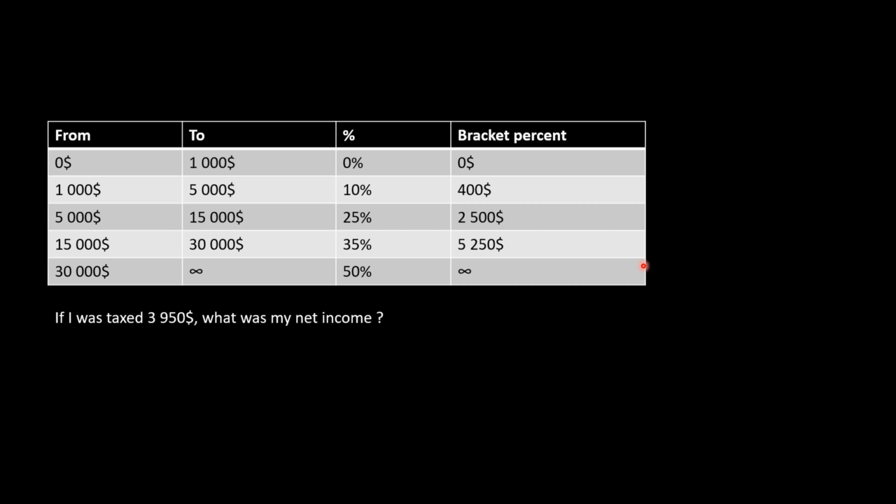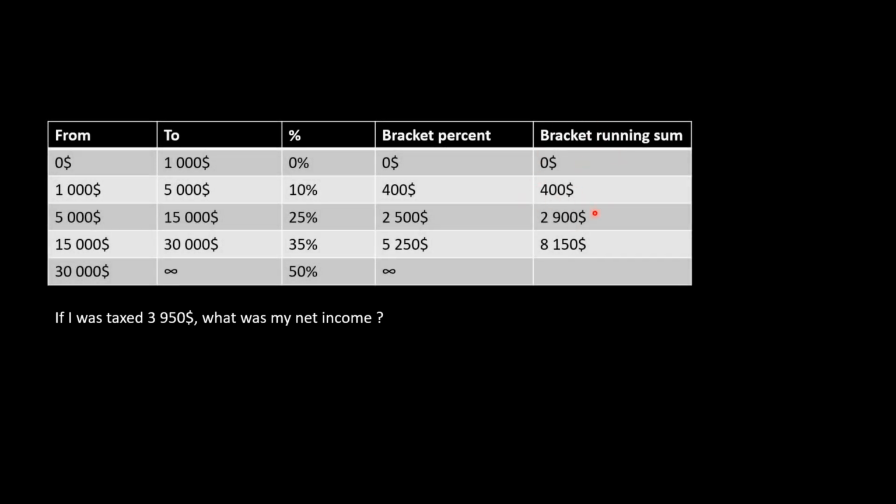And that's still not very useful because we know that we are taxed 3,950, and we need to know in which bracket we would fall. And for that, we need to know the percentage where it would fall. So what we do is we add a running sum, which is just a sum that is done on the previous element.